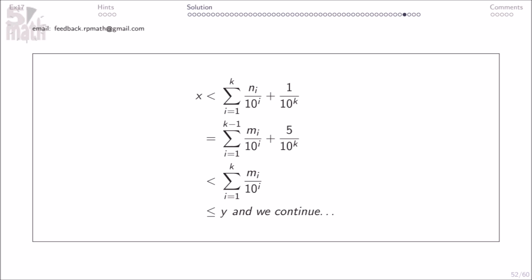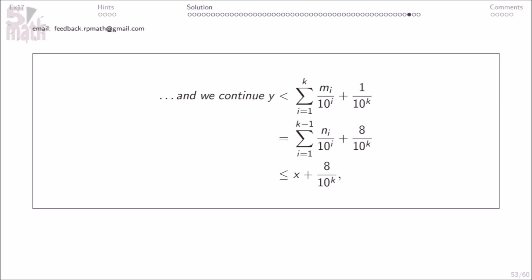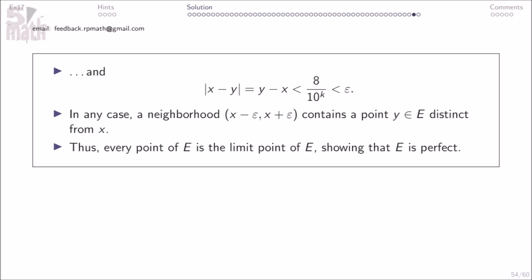X is less than the following, and we continue. And we continue, y is less than the following. And this. In any case, a neighborhood here contains a point y in E distinct from x. Thus, every point of E is a limit point of E, showing that E is perfect.